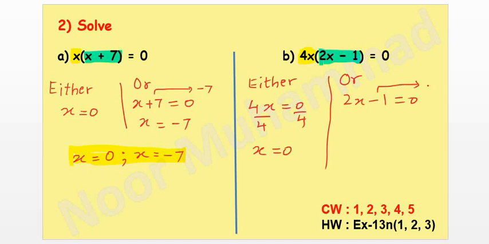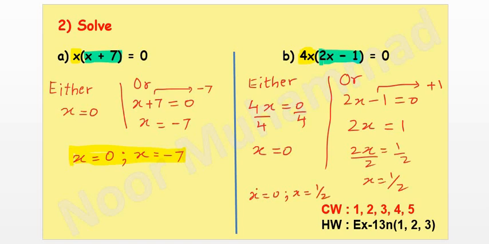Now move this 1 to the other side, it will change into negative 1, so you will have positive 1. So 2x equals 0 plus 1 will be 1, and hence x equals, because you will divide each side by 2, so it will give you x equals 1 out of 2. So we are getting again two possible values of x, that are x equals 0 or x equals 1 over 2, right? So let me highlight the answer for you.